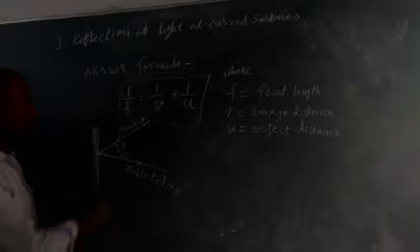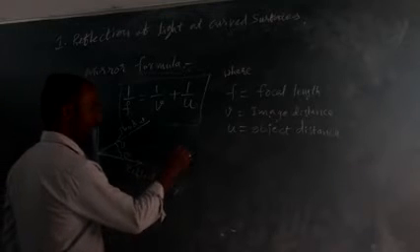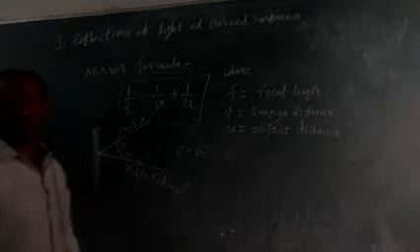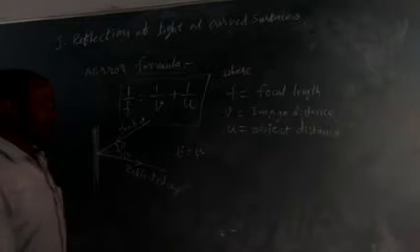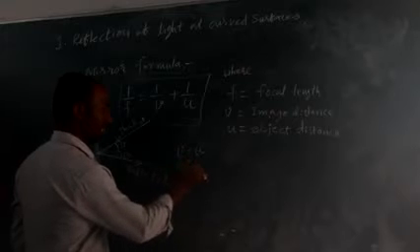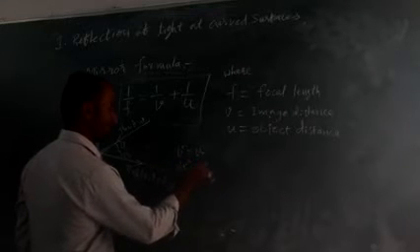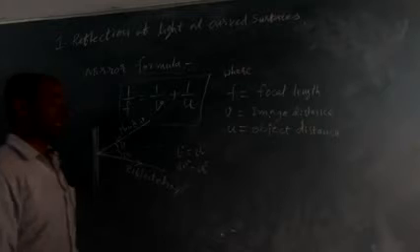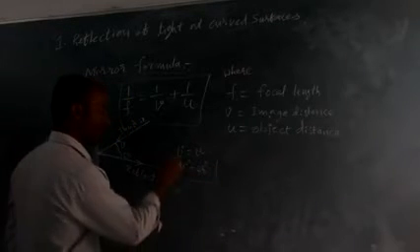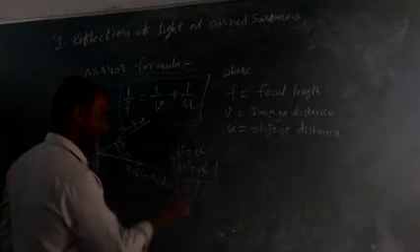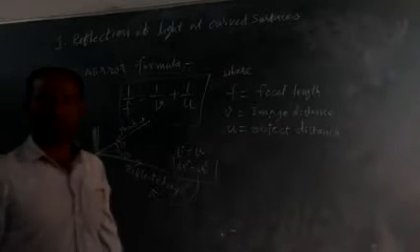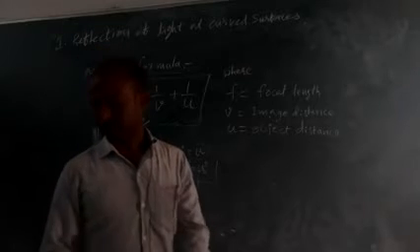The third law is that angle I is always equal to angle R. Is it clear now? If the angle I is 45 degrees, then automatically angle R will also be 45 degrees. When these three laws are followed by a light ray, that phenomenon is called reflection.